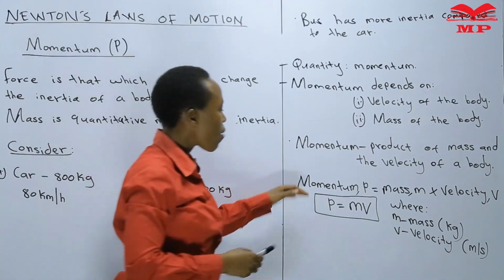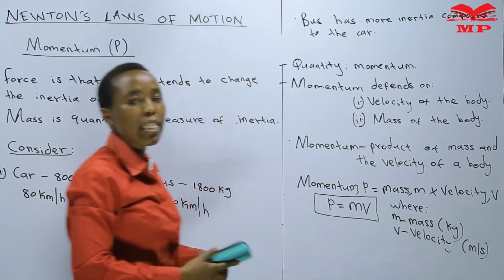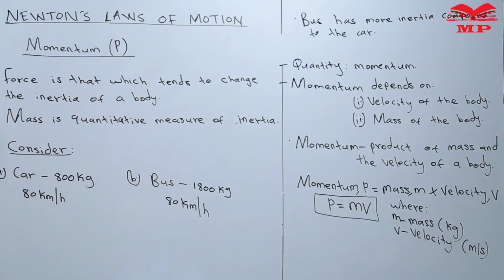So that is what we have for momentum, the product of mass and velocity.